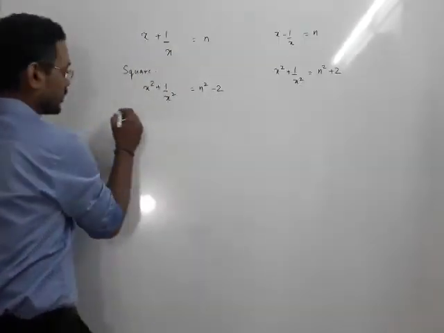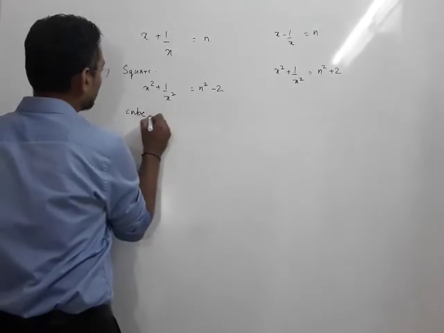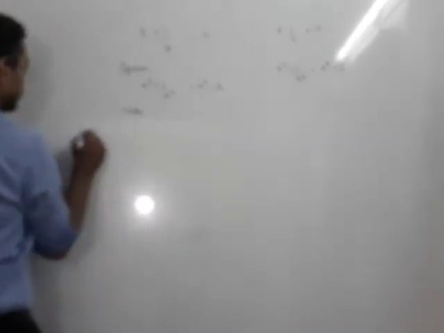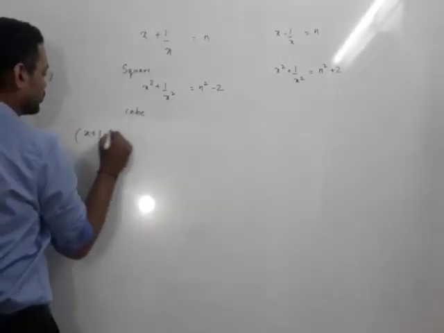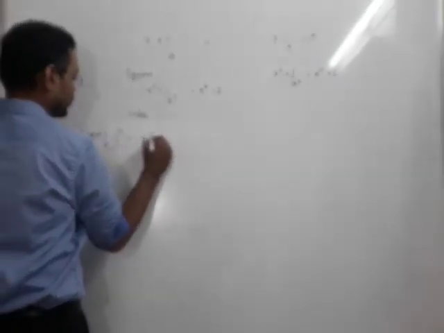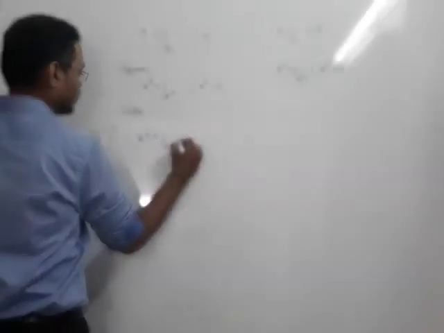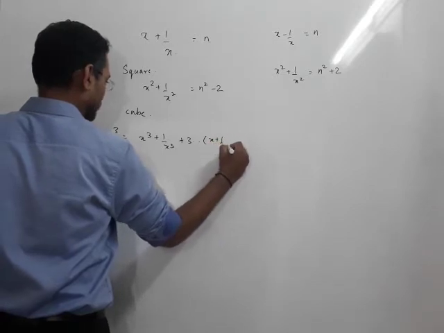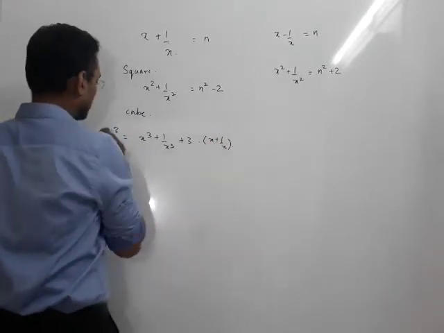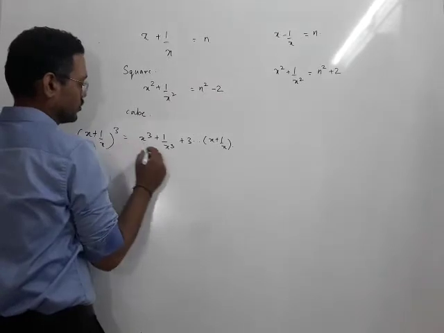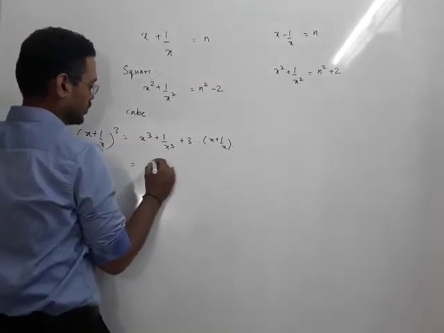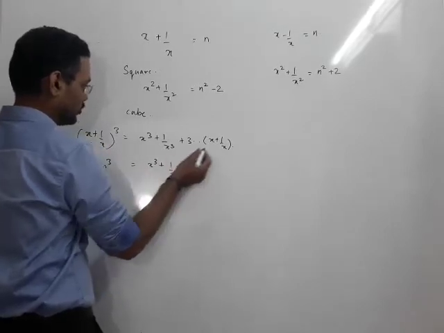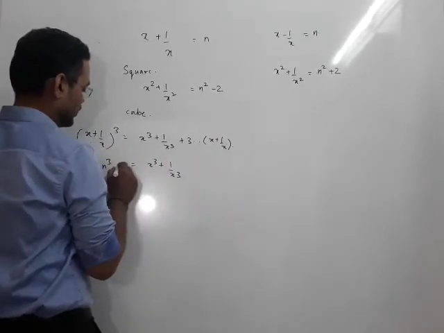Similarly, let's quickly see the cube of it. So x plus 1 by x the whole cube will be written as a cube plus b cube plus 3ab into a plus b. This is n, so x cube plus 1 by x cube can be written as n cube minus 3n.